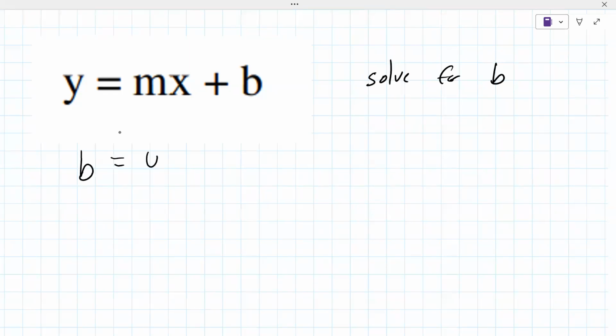Yes, B equals Y minus MX. Very good. Okay, so let's look at some other equations here.